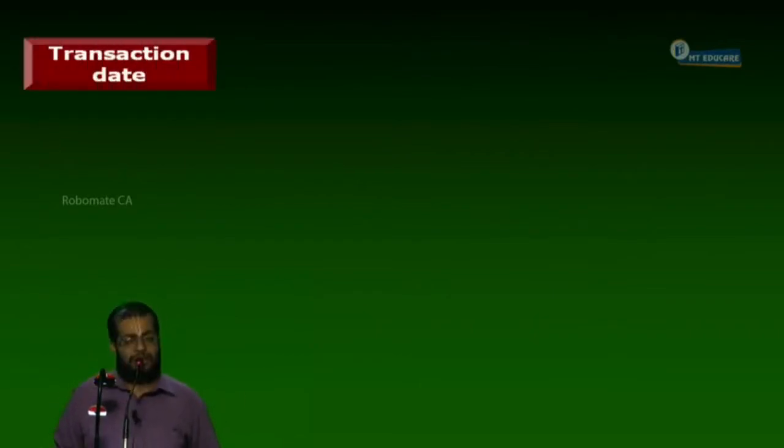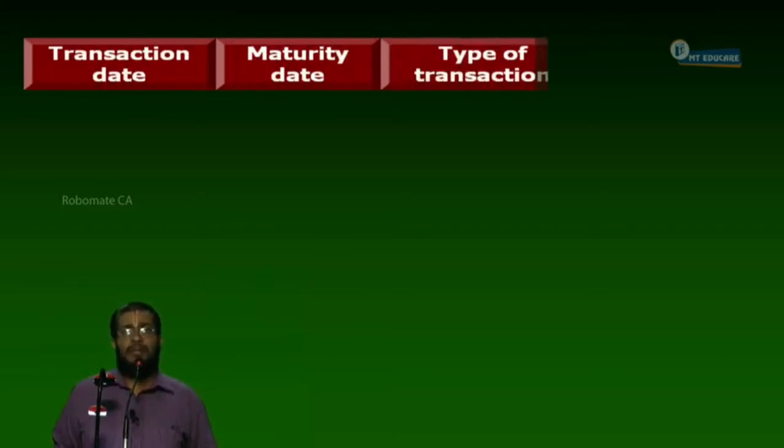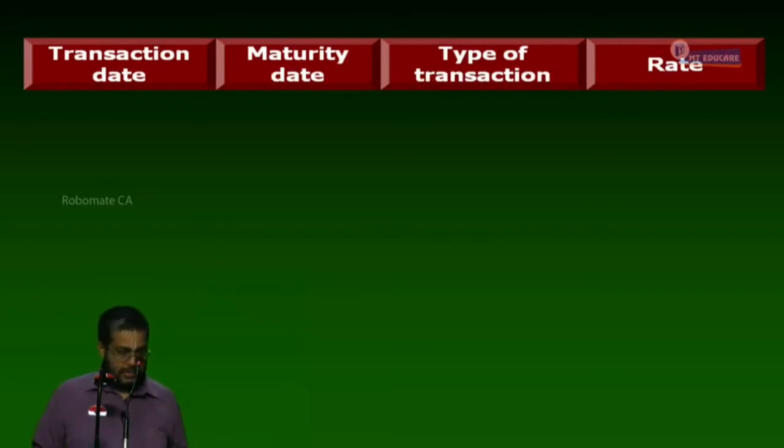Right, question number 31. Tell me the column headings. All of you, what are the column headings here? Transaction date, maturity date, transaction type, and then rate. Chorus, I want the answer together to know that you are all understanding.